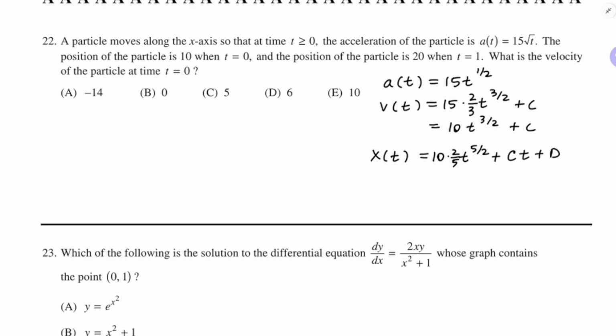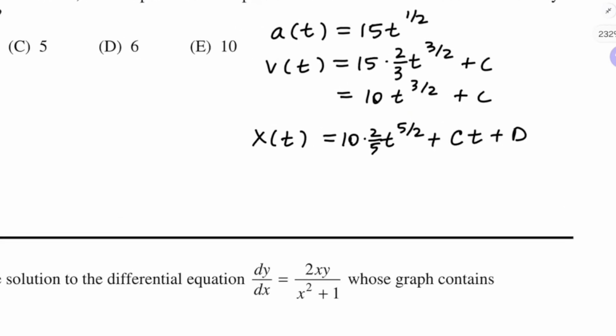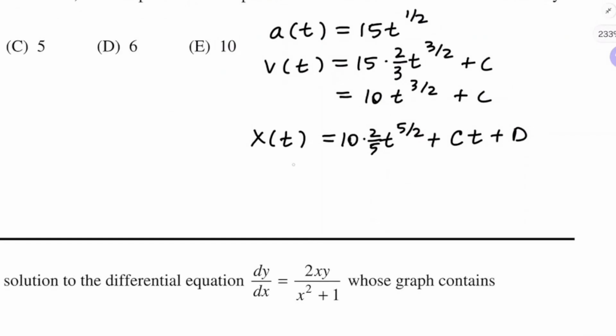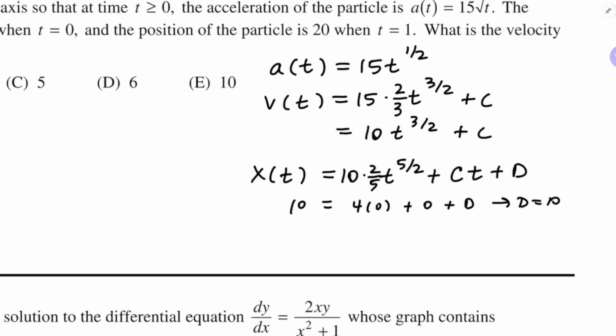All right, so now I've got the position is 10 when t equals 0. So 10 equals, 2/5 of 10 is 4, so it's 4 times 0 plus 0 c's plus d, so d equals 10. And then when t equals 1, the position's 20.